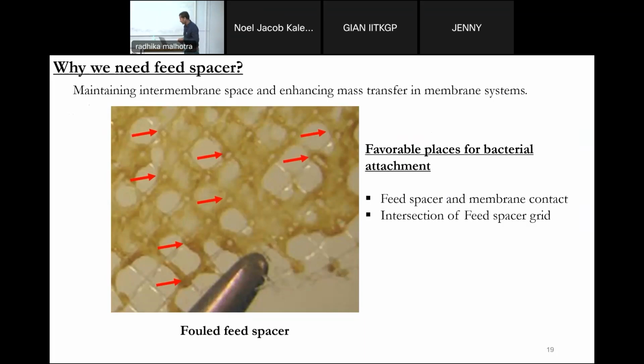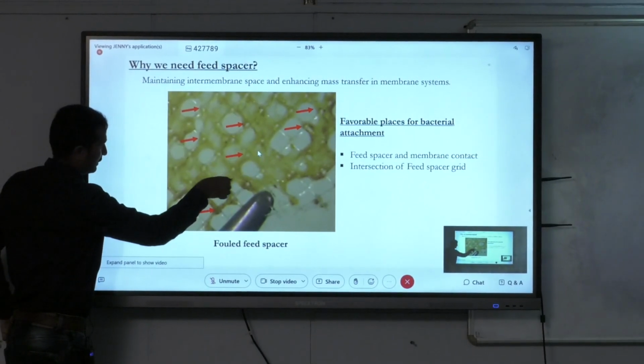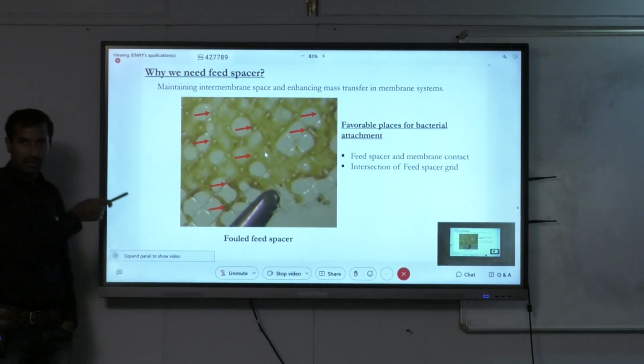Look at this image. This is a very nice image I have taken from Google. This is the spacer grid. If you open the spiral wound membranes, you can see that feed spacer layer. You see this yellowish color, that colloidal material is mostly because of the biofilms.